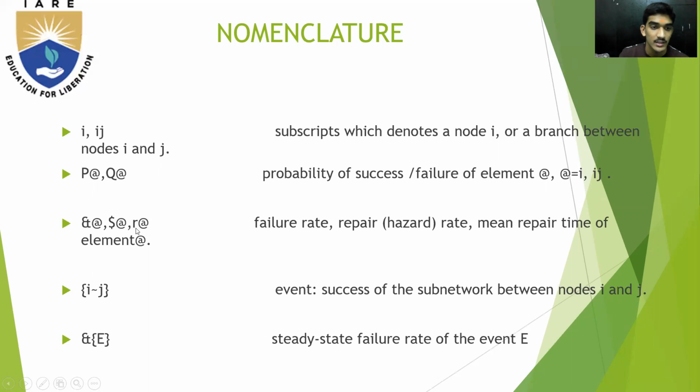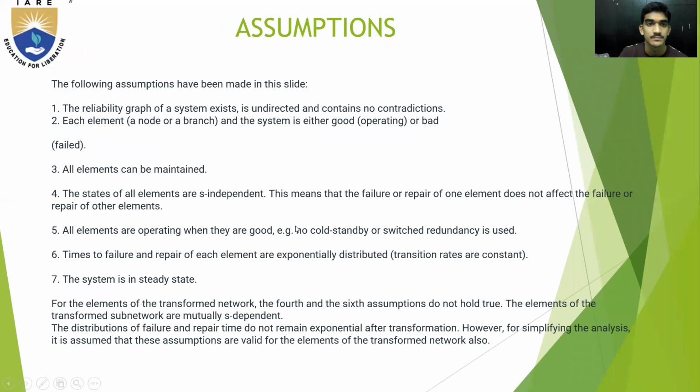Lambda, mu, and r are the failure rate, repair rate, and mean repair time of element a. The set i similar to j is the event of success of the subnetwork between nodes i and j, and f of E is the steady state failure rate of the event E.